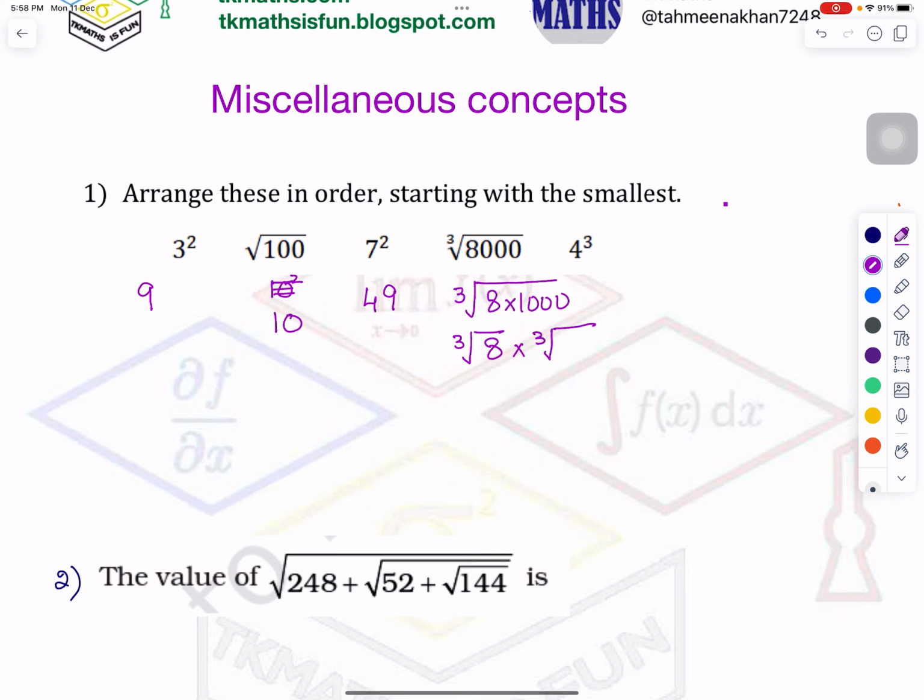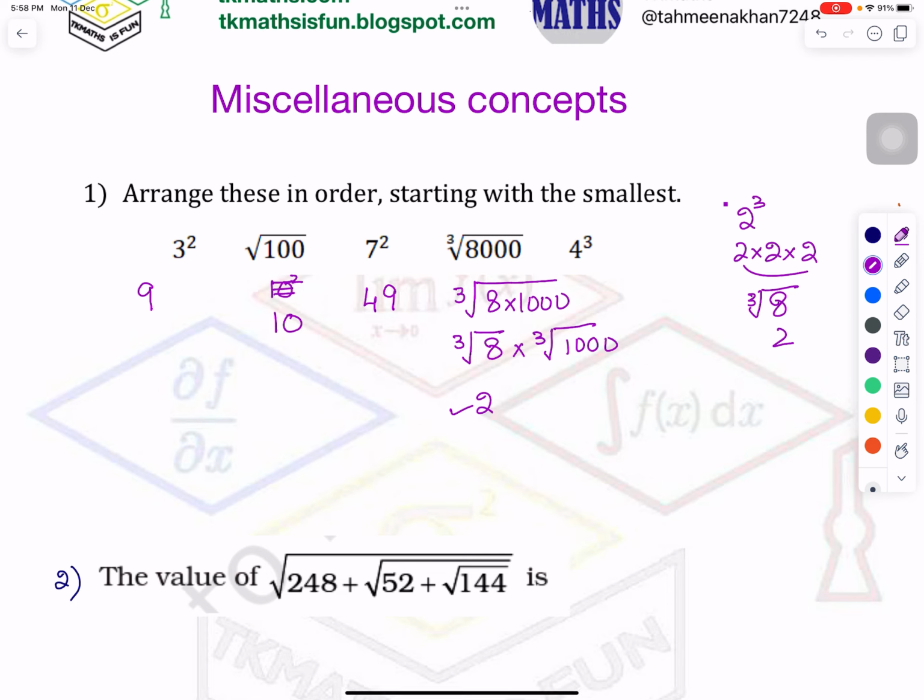Now most of the people know that the cube root of 8 is 2. Why? Because 2 cube means 2 into 2 into 2. 2 2s are 4, 4 2s are 8. So that's why the cube root of 8 is 2.